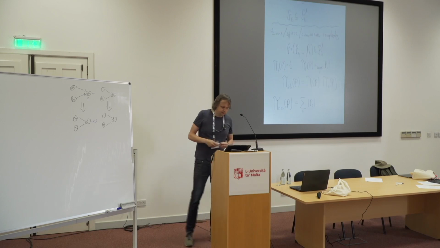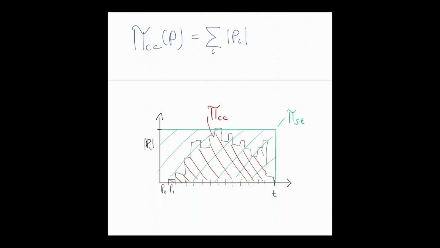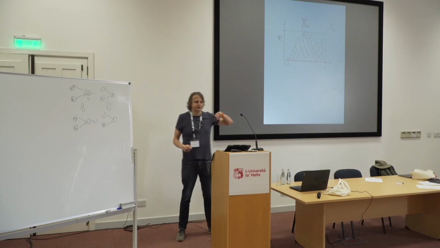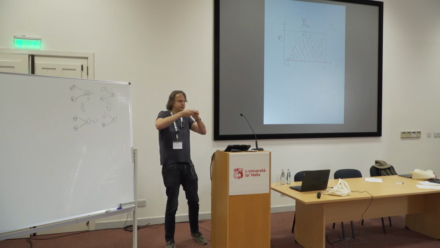And then another thing that will be very important is the cumulative complexity, sometimes called cumulative memory complexity, which is simply the sum of the numbers of pebbles in all configurations. I have a nice picture here to illustrate this. You see this skyline here. The x-axis is the t different configurations, a pebbling sequence of length t.